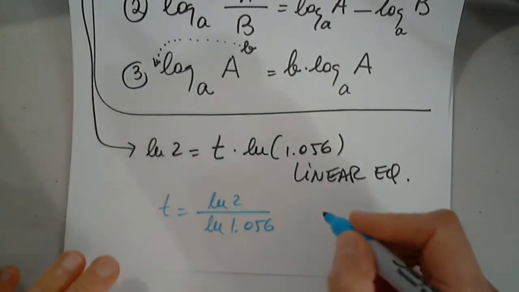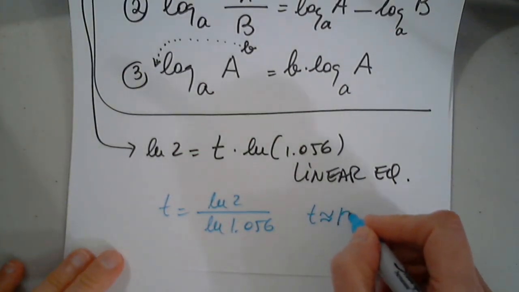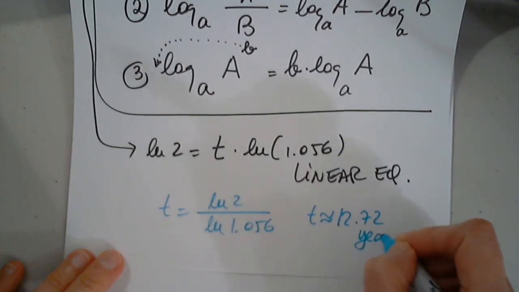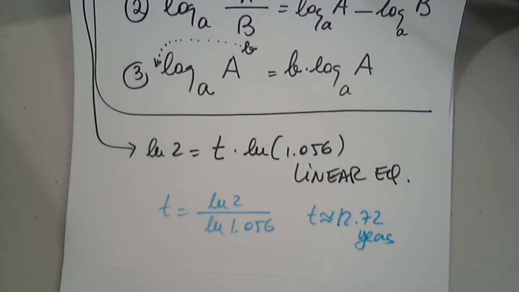So roughly t equals 12.72 years. So if nothing changes and she doesn't withdraw the money, then at the end of 12 years, almost 13 years, she will have in the account $40,000. Good.